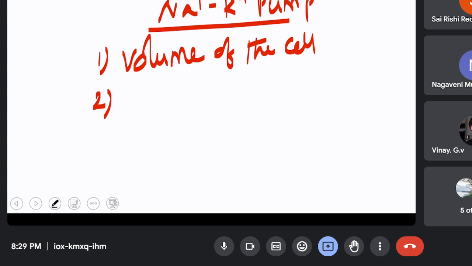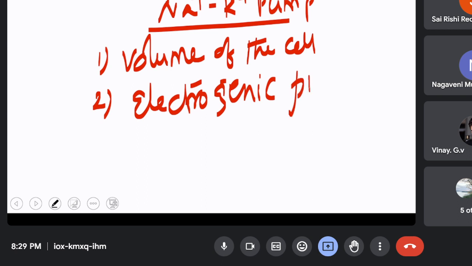And the second one is, because of the operation of this pump, there is a potential difference on either side of the plasma membrane, which results from the unequal distribution of ions. Thus, this potential difference results in electric potential, and hence we call this pump an electrogenic pump. So the sodium potassium pump is responsible for maintaining the volume of the cell, and at the same time it generates electrical potential or membrane potential, hence we also call it an electrogenic pump.